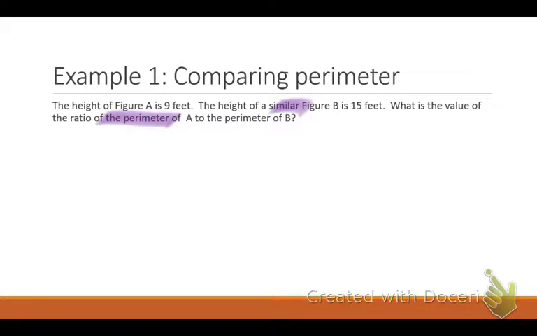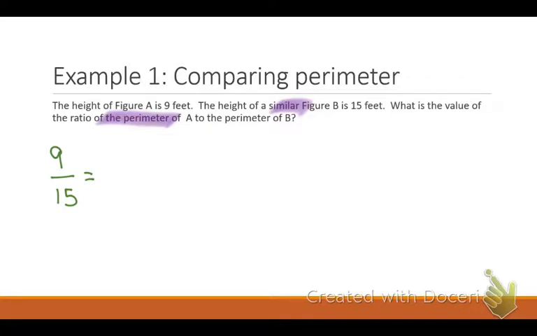All right, so here we go. The value of the ratio of A to B is 9 over 15, A to B, which reduces to, go ahead and reduce it. Is everybody working? You should have your pencil in your hand. What does 9 over 15 reduce to?